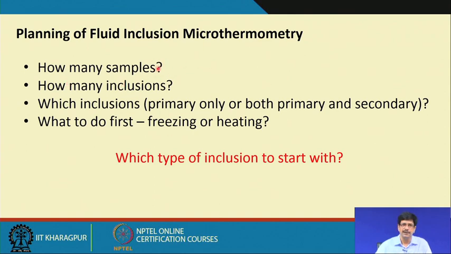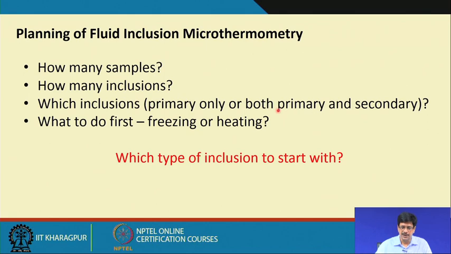We said that, depending on the nature of the research problem, exactly what we are trying to address, and depending on different geological environments, it is not a very fixed value that we need to study 100 or 1000 or 5 or 10 samples. And how many inclusions? As this particular methodology is very much dependent on the quantum of data, the more the better.